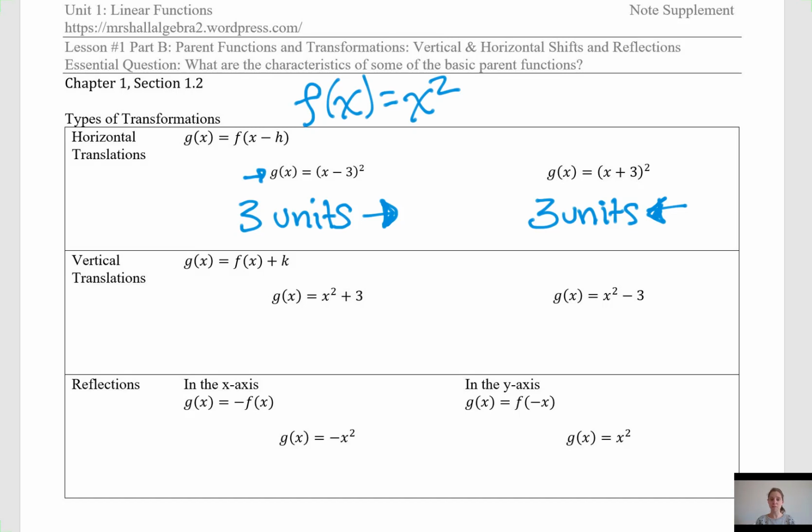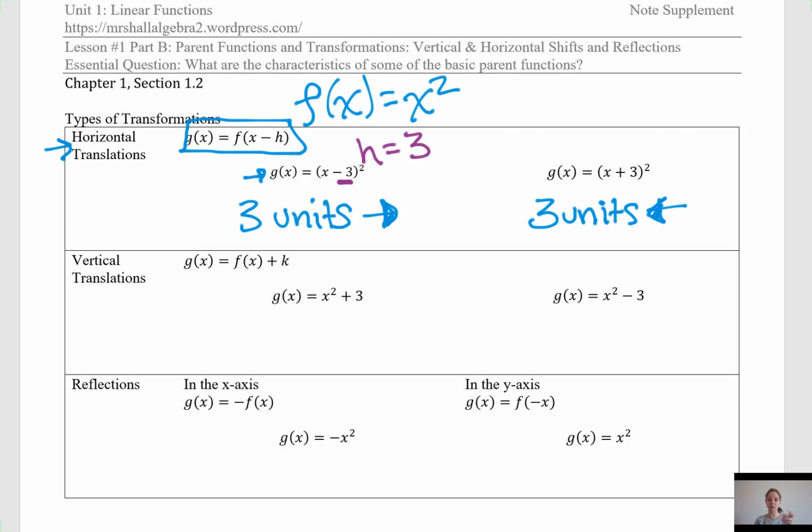The general form of these horizontal translations is that to get the new function g of x, we take the original f of x minus h, so that we affect only that x value by h. And so you can see in the minus 3, h is equal to positive 3, right?